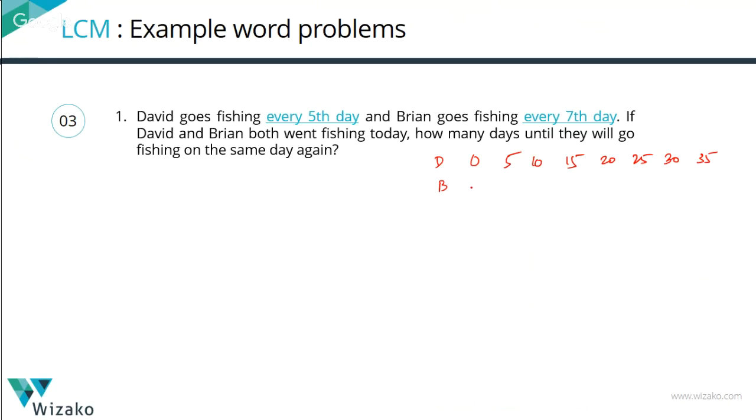When it comes to Brian, starting today, it's going to be the 7th day, 14th, 21st, 28th, 35th. So when there is a number which is both a multiple of 5 and a multiple of 7, both of them will go out fishing together. So multiples of 5, multiples of 7, common multiples. This question is an LCM question.